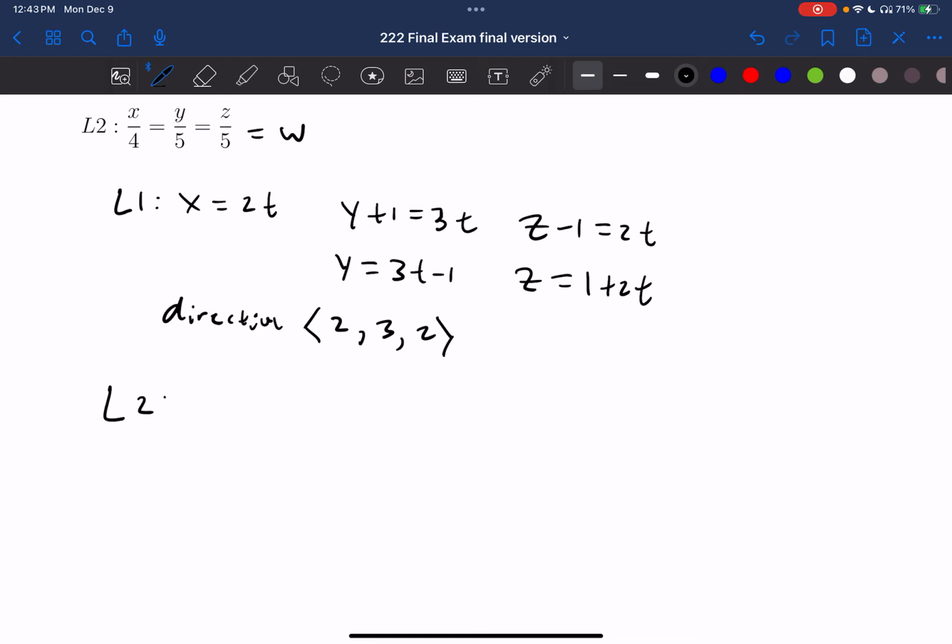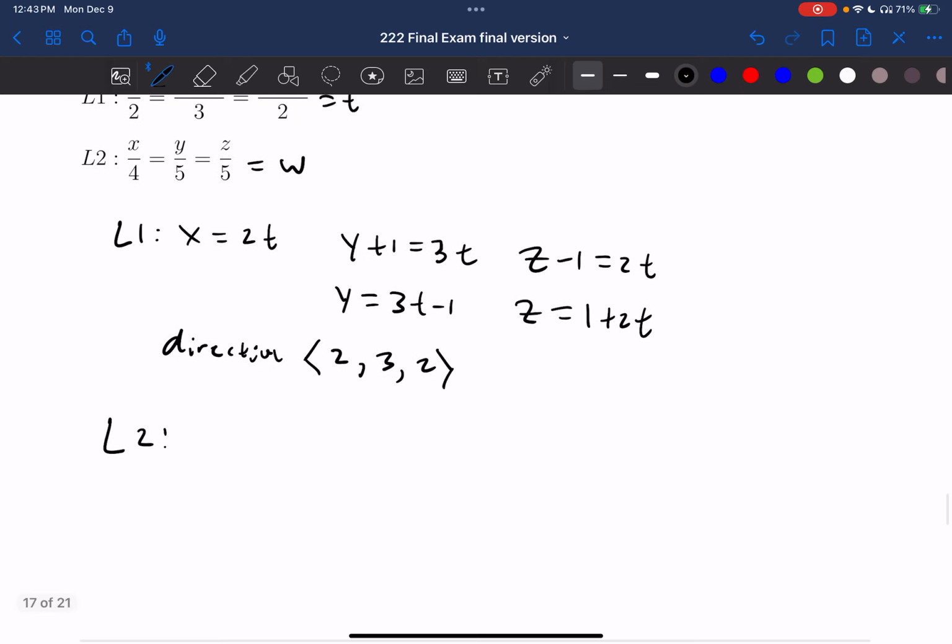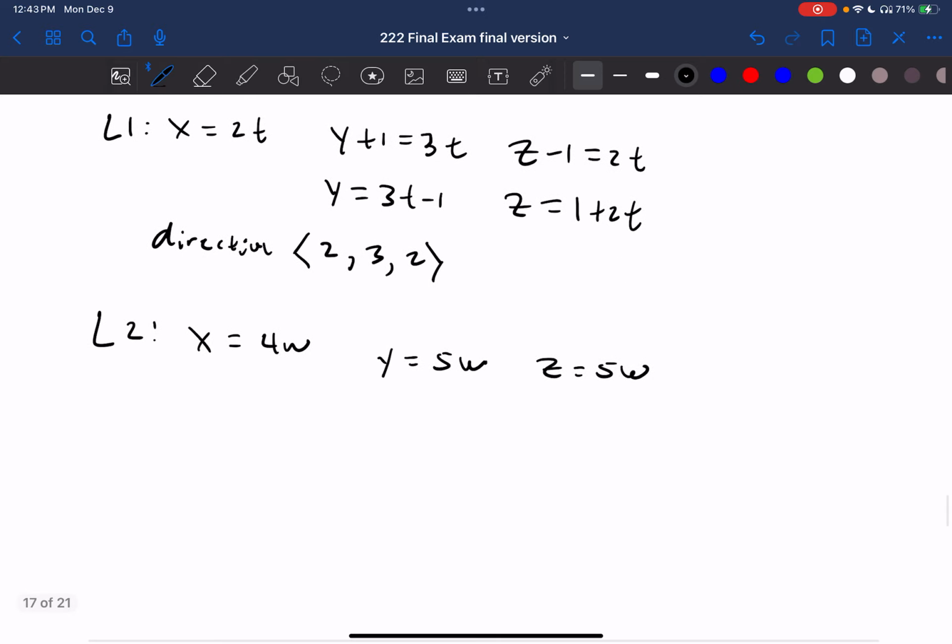For L2, line 2, we will get x is equal to 4w, y is equal to 5w, and z is equal to 5w. From this, we can see the direction is 4, 5, 5.